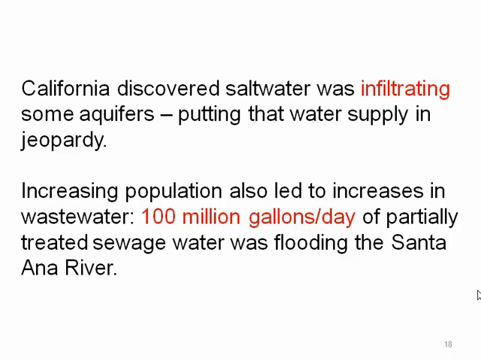In coastal areas, especially in the Santa Barbara region, San Diego, and other larger population areas, it was noticed that salt water was infiltrating or flowing into these coastal aquifers and causing that water supply to be at risk.